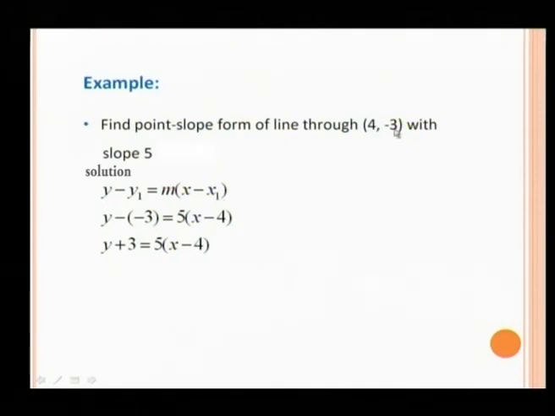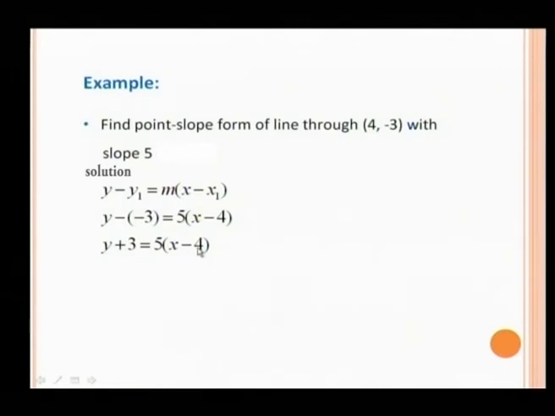For this case, we have x1 equal to 4, y1 equal to -3, and slope equal to 5. By putting all these values in this line equation, we would have y minus (-3) is equal to 5 times (x minus 4). So finally the point slope form of the line would be y plus 3 is equal to 5 into (x minus 4).